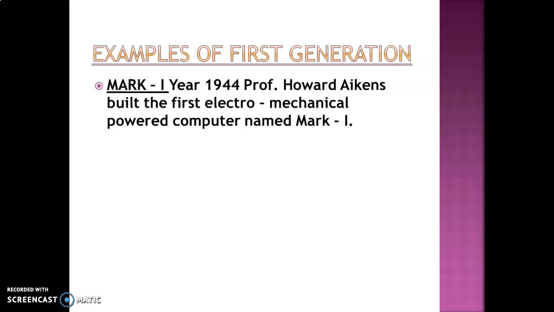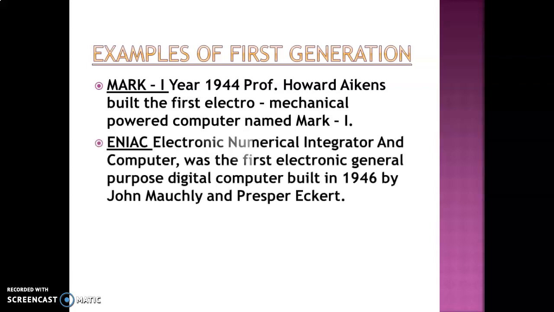He built the first electromechanical powered computer and it was named Mark I. The second was ENIAC, Electronic Numerical Integrator and Computer, developed by John Mauchly and Presper Eckert in the year 1946, and it was a general purpose digital computer.